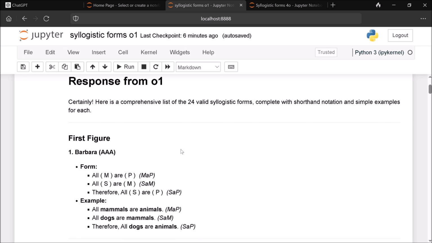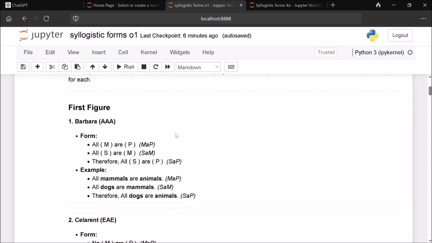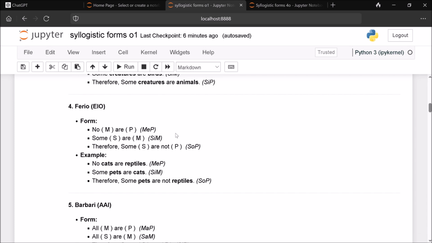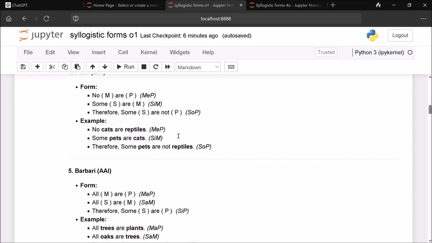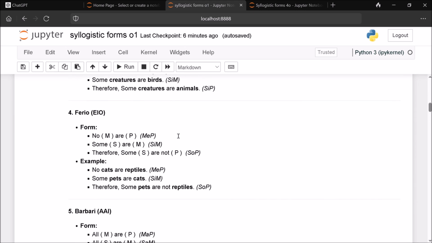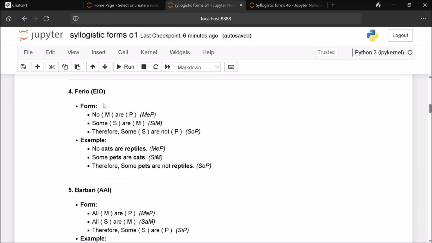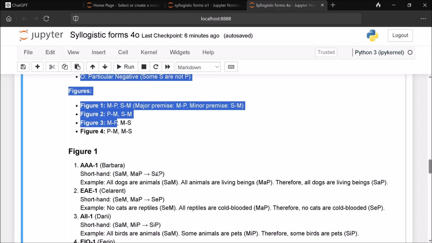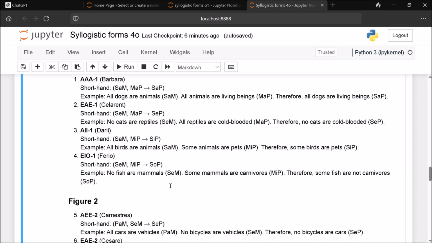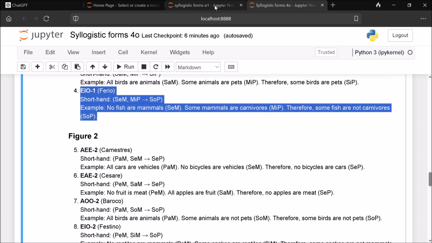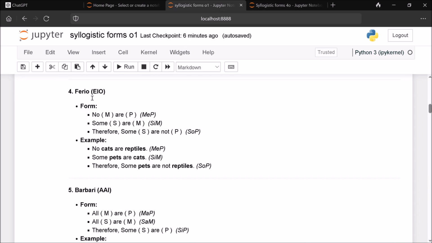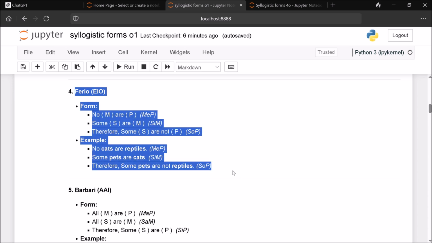However, in terms of accuracy, I'm still not so sure if both of them have the same level of accuracy either. I admit that I have not gone through all the figures, but for example, figure 4 was interesting for me. I was comparing figure 4 from the response from Model 4.0, which is here, to figure 4 in the response from Model O1, which is here.